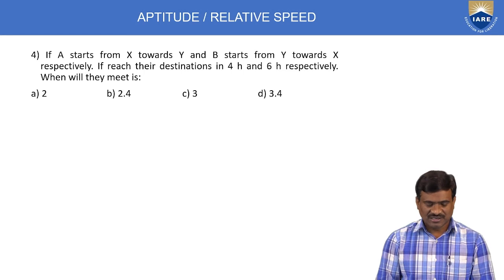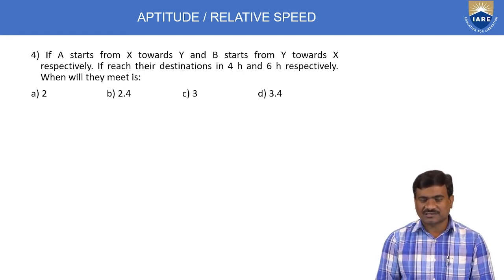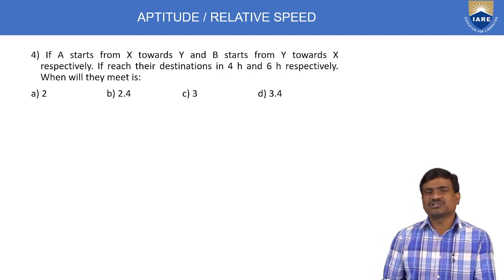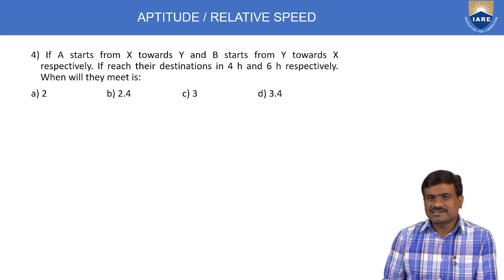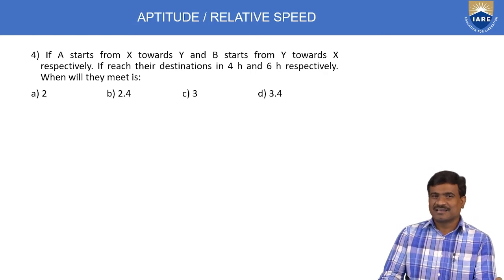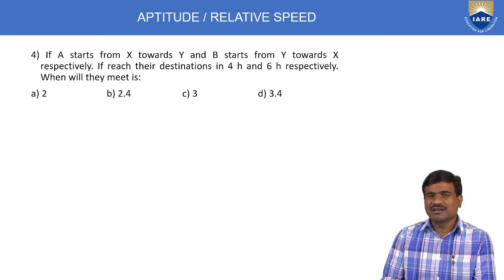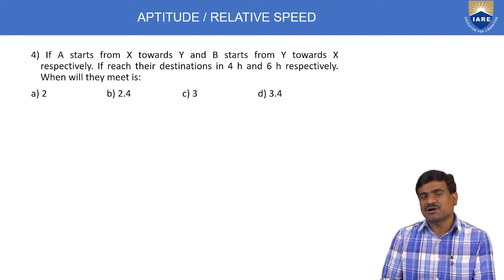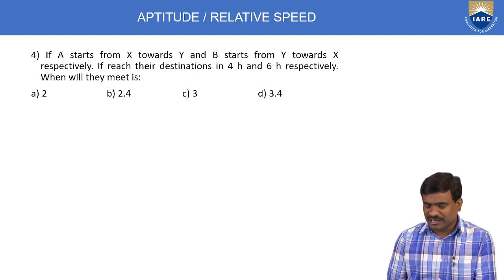A: 2 hours, B: 2.4, C: 3 hours, D: 3.4 hours. Opposite direction means A's distance up to the meeting point plus B's distance up to the meeting point is equal to the total distance. But in this example, distance is not given and speed conditions are also not given. Using assumptions, we calculate the meeting time.